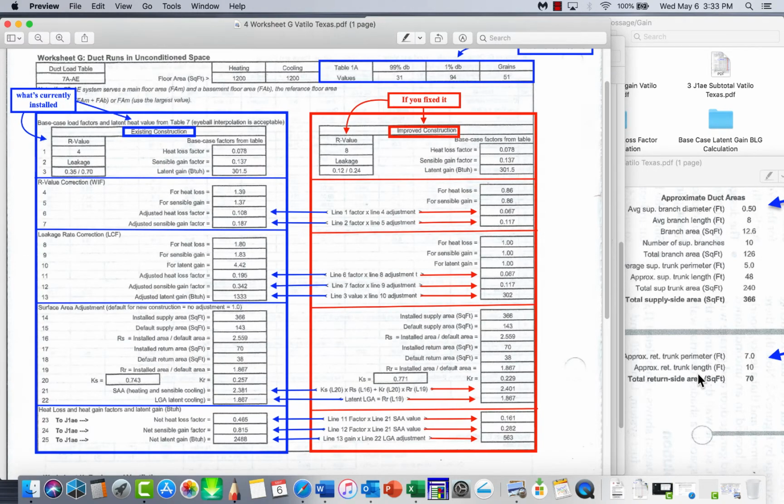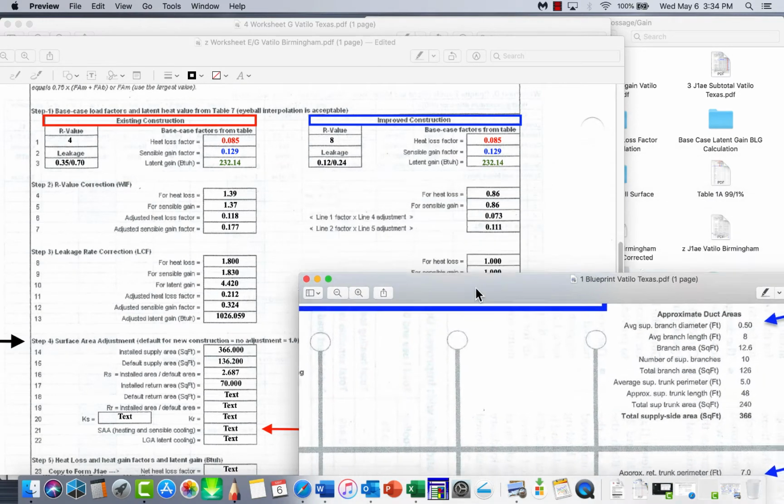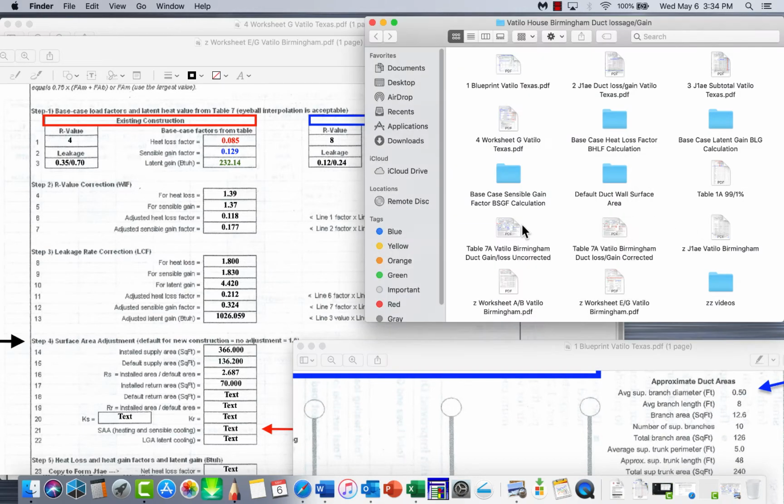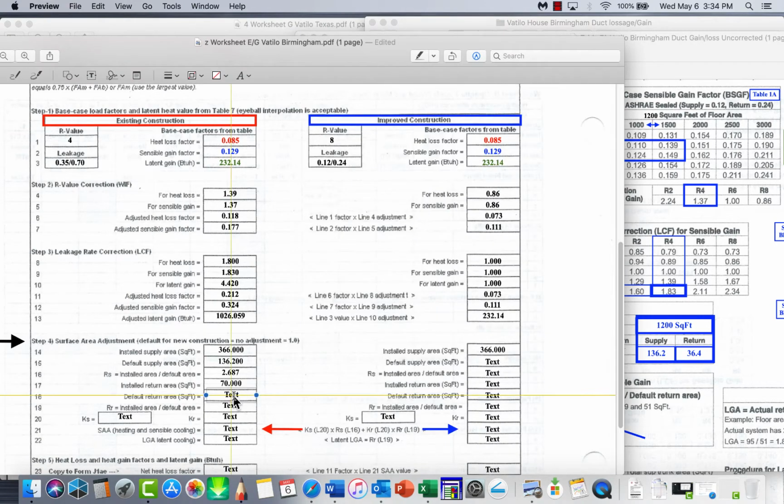The original they use 70, which is this number right here, our total area of return. So now we're going to put that same number in here because the distance has not changed. Okay. Now the default return, once again, we're going to use that new number that we found in between both. So ours will be 36.4. Do not use 32, do not use 43, use the 36.4. We want to be as accurate as possible. 36.4.